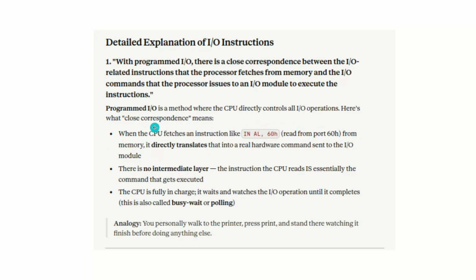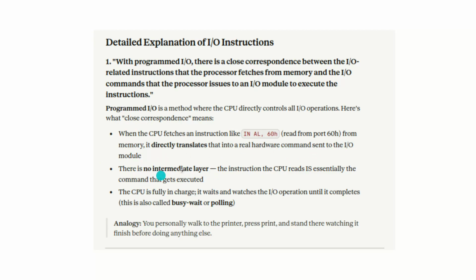The CPU itself fetches this instruction from memory, and the CPU itself translates it into a hardware command and sends it to the IO module. So there is no intermediate layer in between. The instruction the CPU read becomes the command that is getting executed in the IO module.